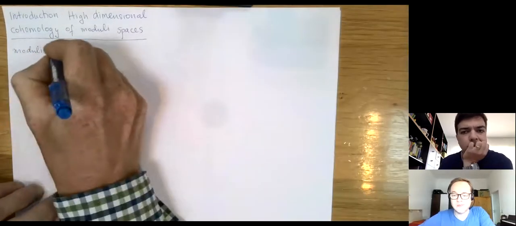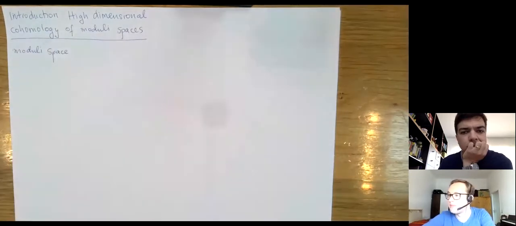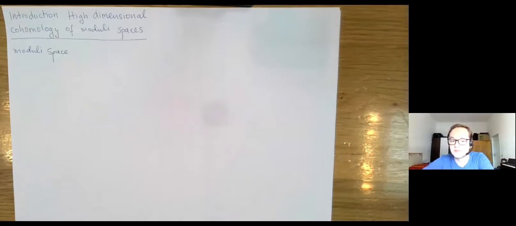A moduli space in general is maybe a space, it could be a topological space, a variety, that will classify certain things. It could classify objects like curves. It can classify bundles, and in particular, it will be a classifying space for a group as well in all of our cases.